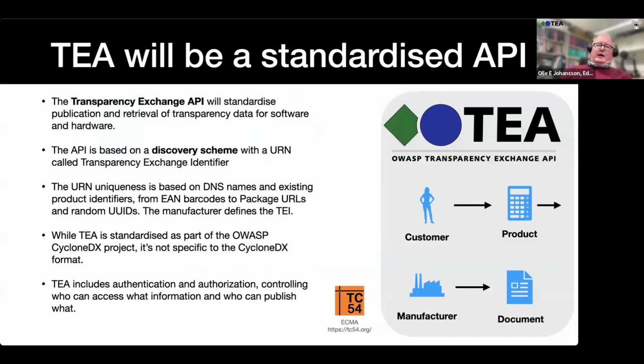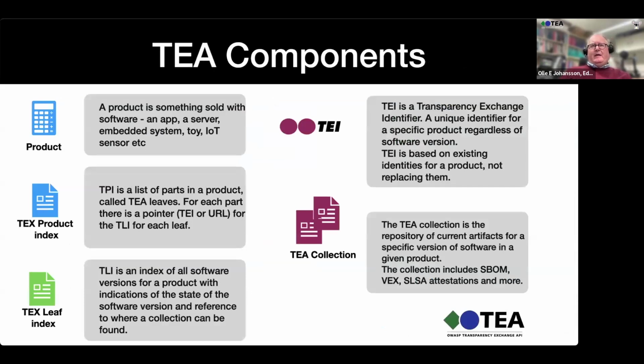So what we're looking for is a standardization, an API at an HTTP level, and a discovery scheme to be able to find the services we need to reach. We have divided this into a couple of components.